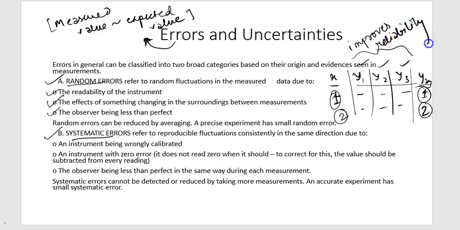So if a question asks you, how do you reduce random error, do not just say, take more trials. The entire thing that you mention there is to take more trials and calculate an average. It is then and only then that random error is reduced.